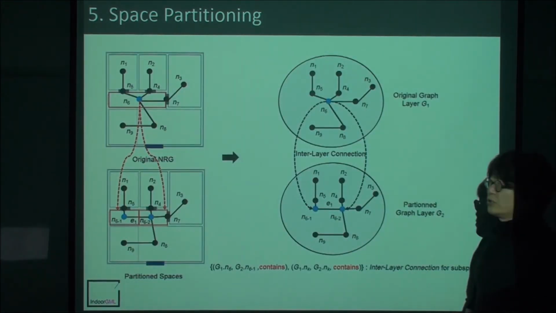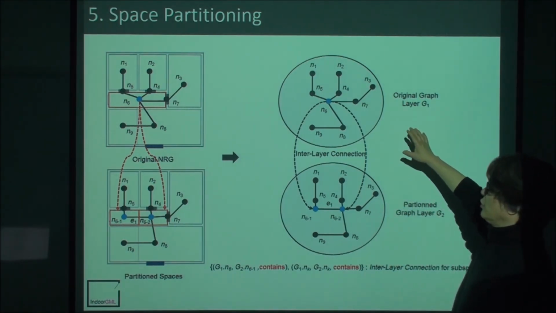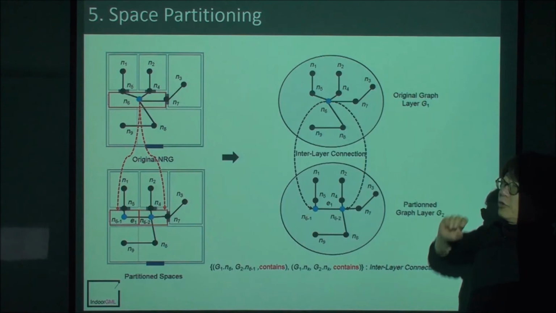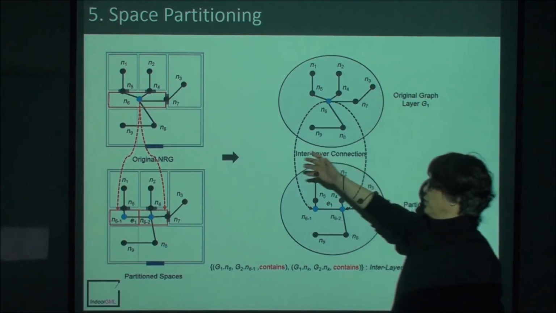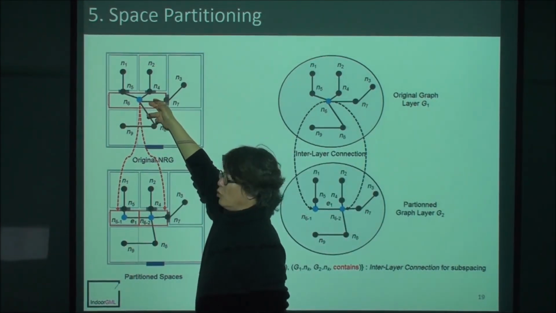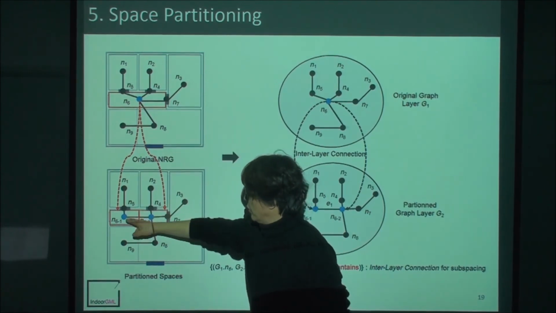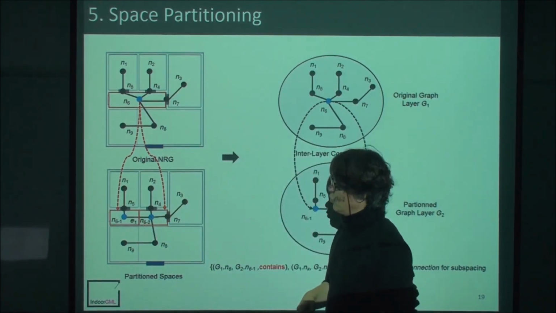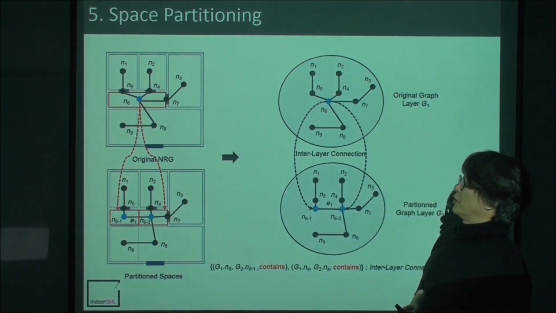For spatial partitioning, each spatial partitioning can be represented as one single layer. For example, here, N6 is one single node which is divided into two small cells, N61 and N62, in another partitioning.